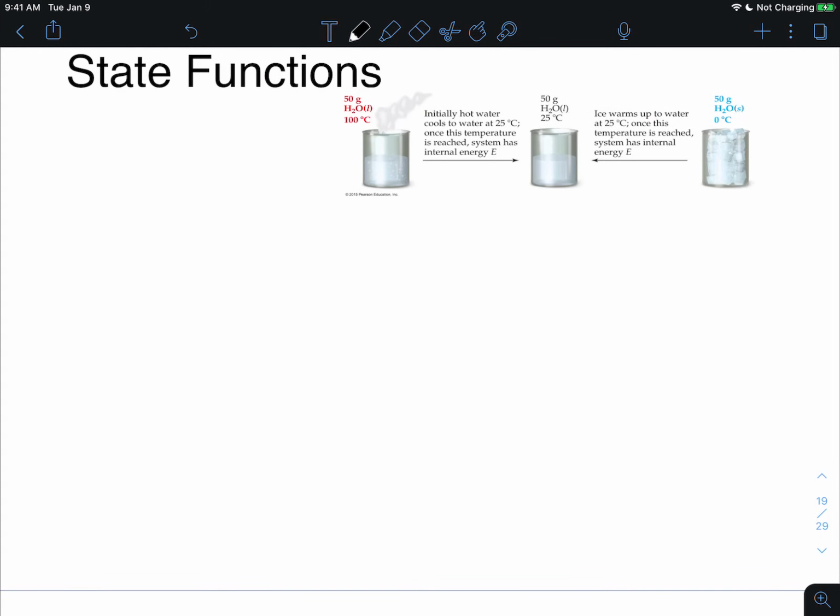Okay, one of the important things we're going to be looking at in this chapter is the idea of a state function. And it helps us to understand how different functions behave. So when we're talking about the internal energy of a system, the energy only depends on the present state of the system and the initial state of the system. It doesn't really depend on how it got to the initial state at all. So our delta E depends only on E final minus E initial.